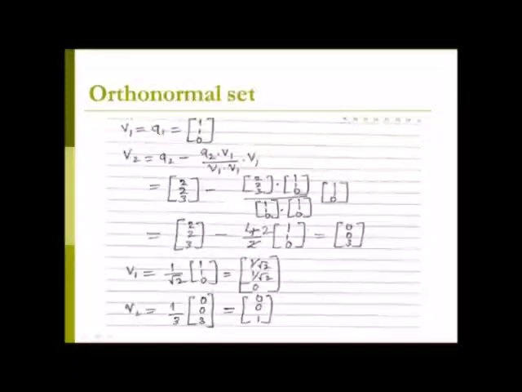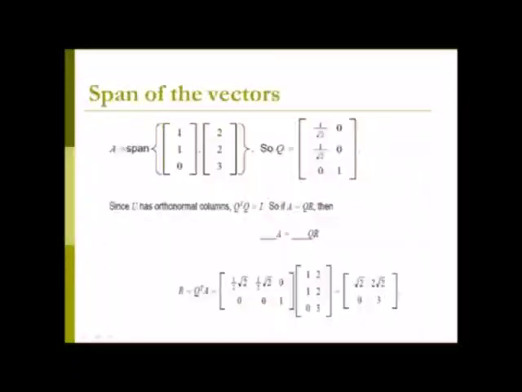Now, to find the QR factorization, we have to find the span of the matrix A. The span of the matrix A is given by the columns 1 1 0 and 2 2 3. So, Q can be defined as the orthonormal basis, that is 1 by root 2, 1 by root 2, 0, and 0, 0, 1.